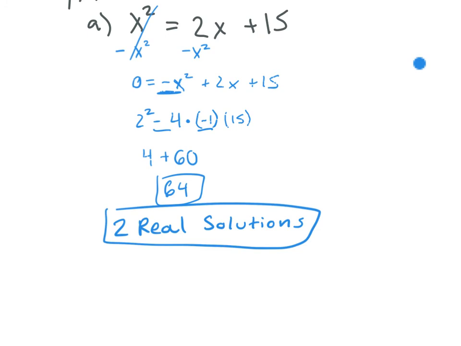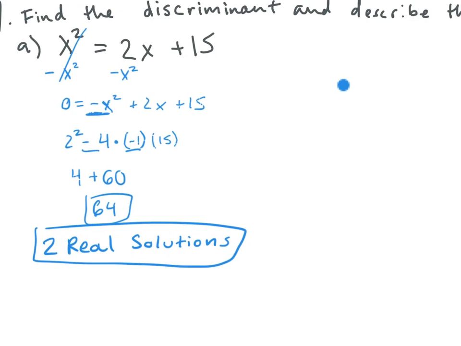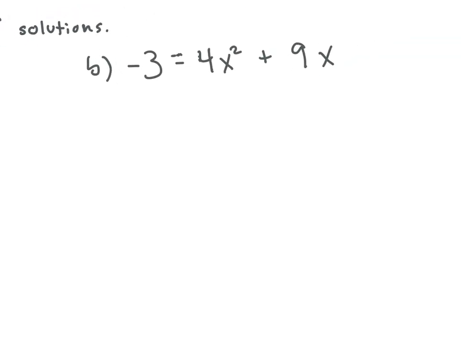Okay, let's look at B. What do we do first here? Add 3 to both sides. So we have 4x squared plus 9x plus 3. What's our b? 9.